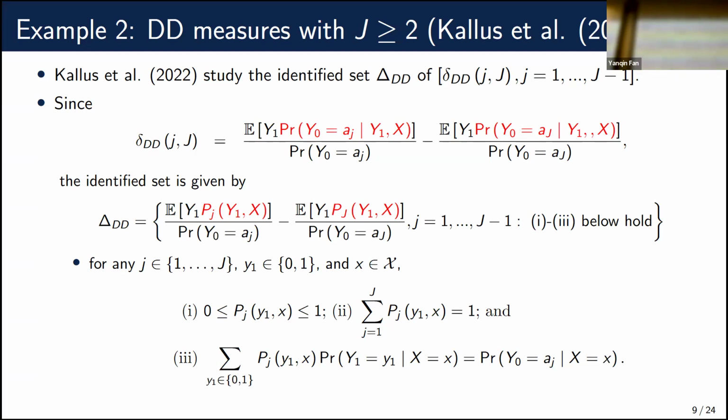The identified set is then any difference between two expressions like this, such that the PJ here satisfy these three properties.